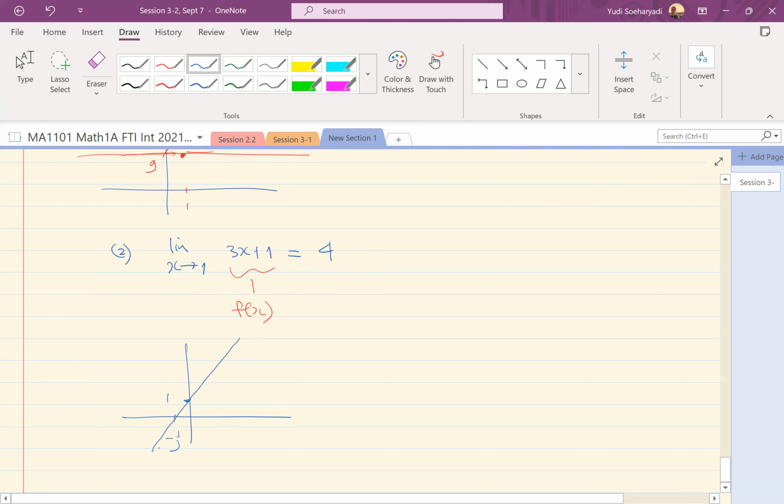So when x equals 1, see here, observer from the right, observer from the left, agree and the value is 4. So the limit is 4.